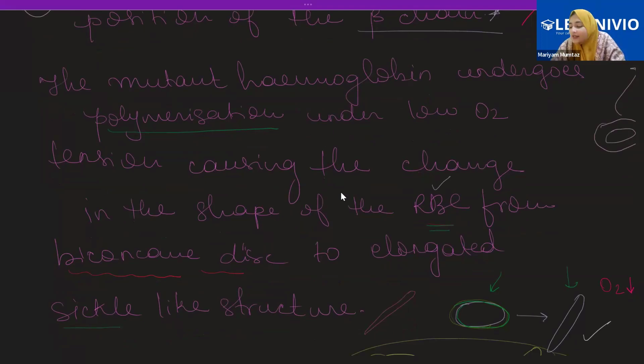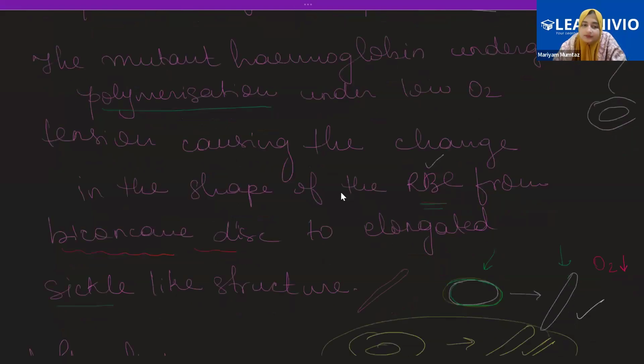It requires RBC to reproduce, to go through the sexual and asexual cycles. But here, the RBC, instead of being biconcave and spacious enough, is elongated and sickle-like. So the plasmodium is not getting enough space for reproduction. Thereby, malaria is not a possibility for those people that have sickle cell anemia. Understood? Yes, ma'am.